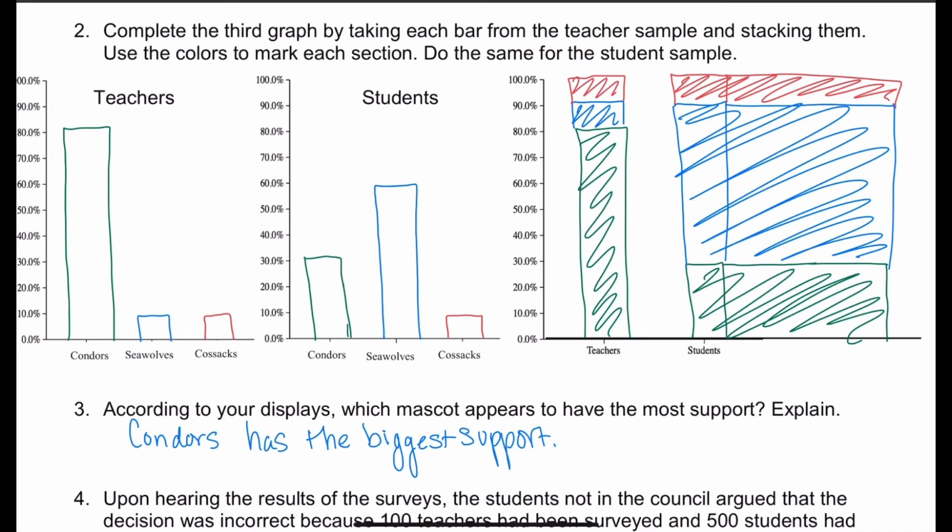So this final graph here, this is our mosaic plot. It takes into account the sample size of each group that was sampled. So unlike the bar graphs on the left here, this takes these sample sizes of 100 and 500 into consideration.